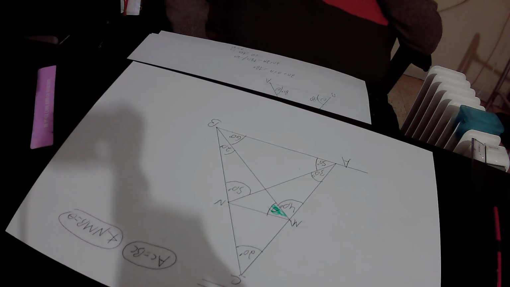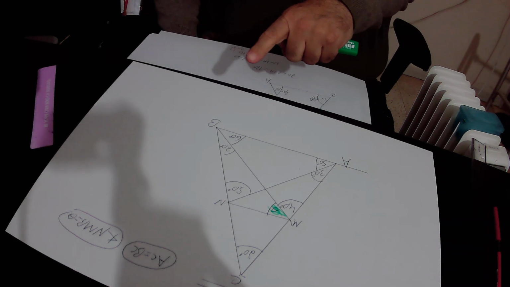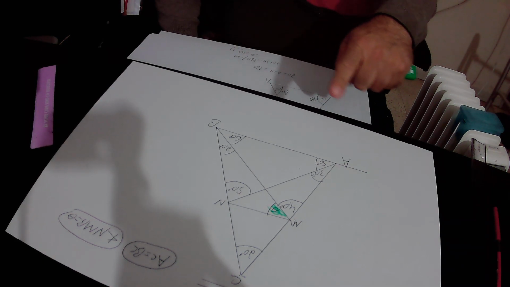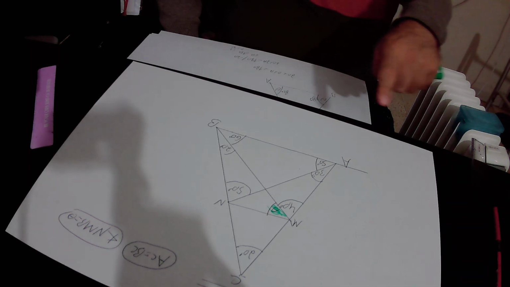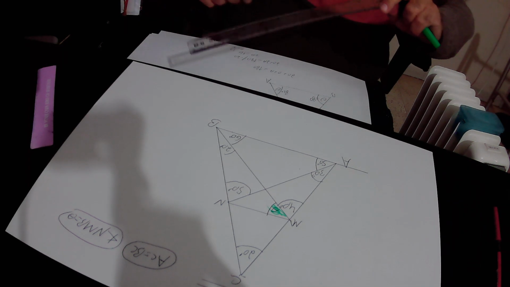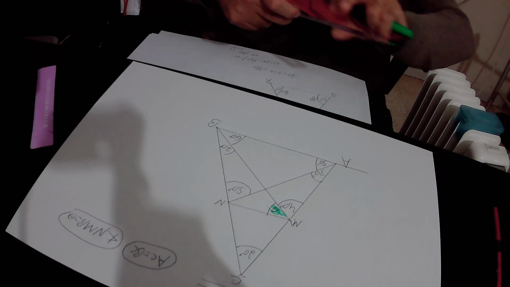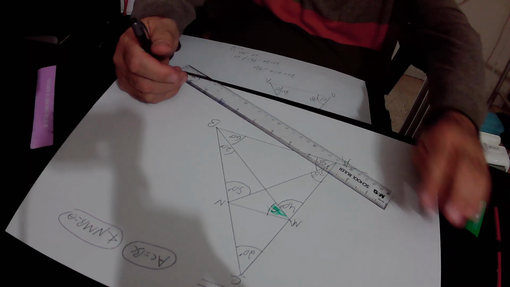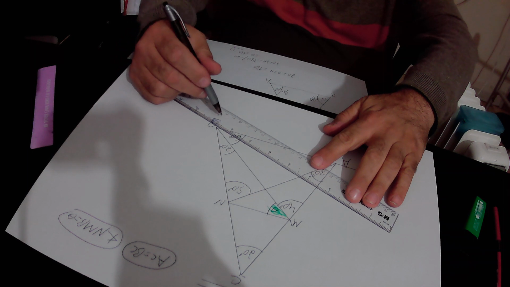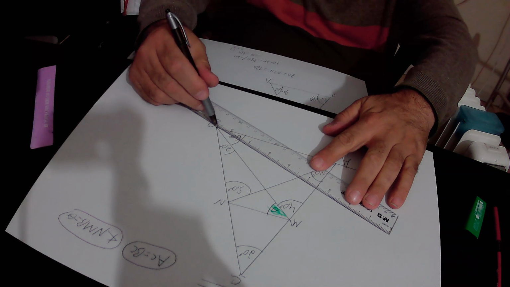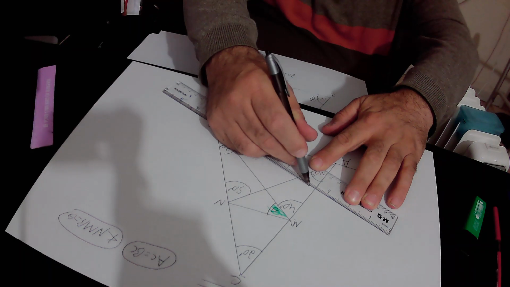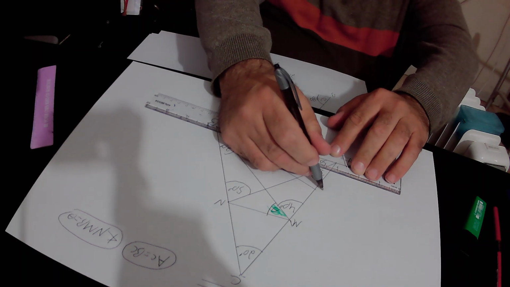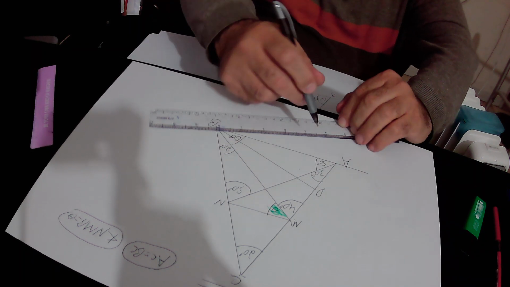So in the next step, from point B, we draw line segment BD in such a way that it will be equal to AB. Here we draw line segment BD in such a way that BD equals AB.